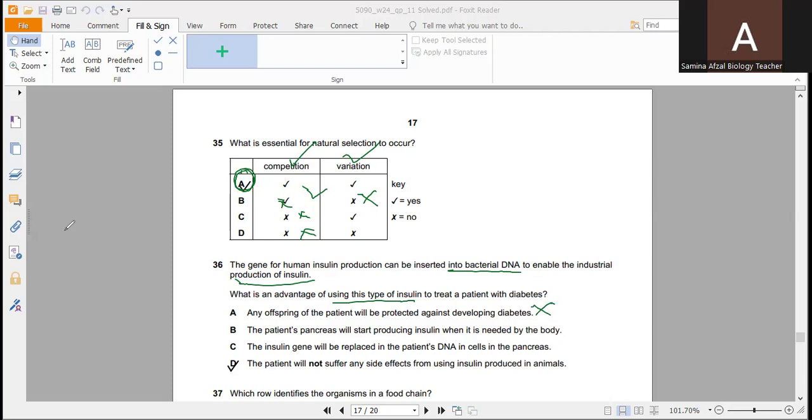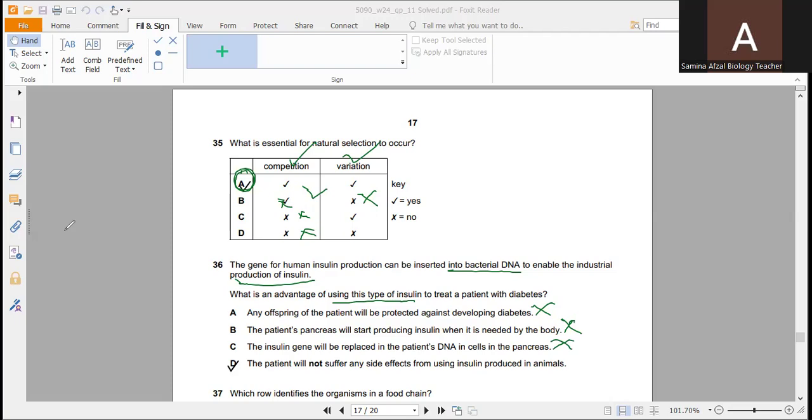The patient's pancreas will start producing insulin when it is needed by the body. No, it will not happen, because that is the reason the patient is taking insulin in this way. Insulin will be replaced in the patient's DNA in the cells of the pancreas. No, it will not change or replace the patient's DNA.